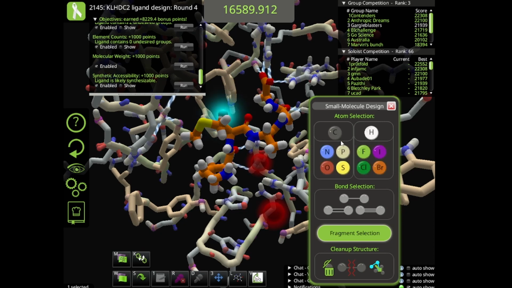There is carbon, which makes the backbone of this ligand, and nitrogen and oxygen, which are polar atoms, and there is phosphorus, but I will not use it here, and sulfur, which is similar to oxygen, but its polarity is weaker than oxygen.